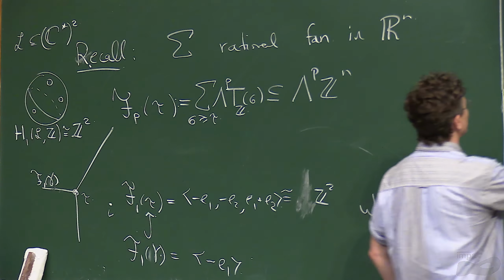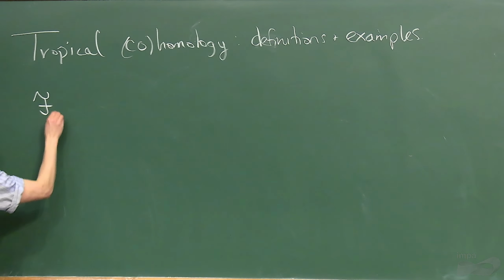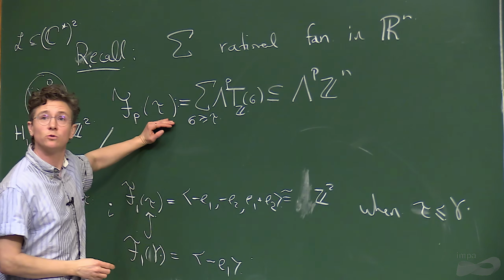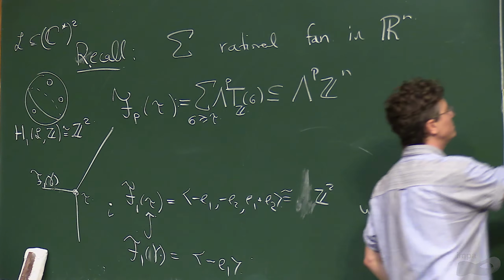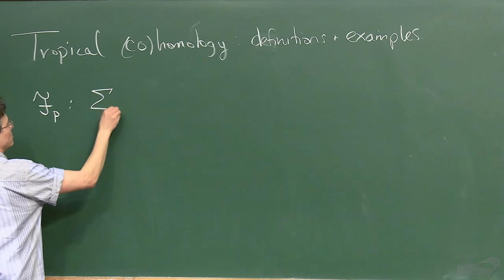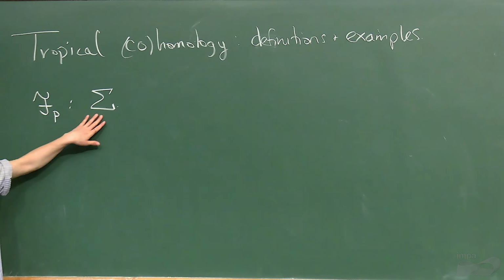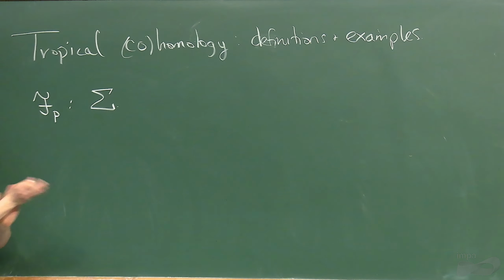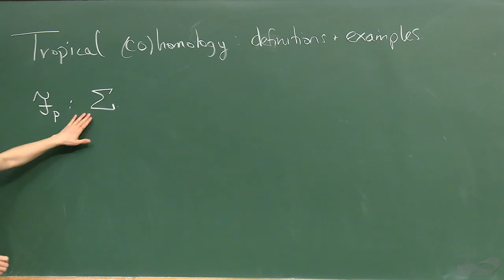Okay. So what we have when we've defined this kind of system of Z modules is we actually have a functor. So from sigma, thinking about sigma as being not just a collection of cones, but there's relations among the cones, inclusion relations. Okay?